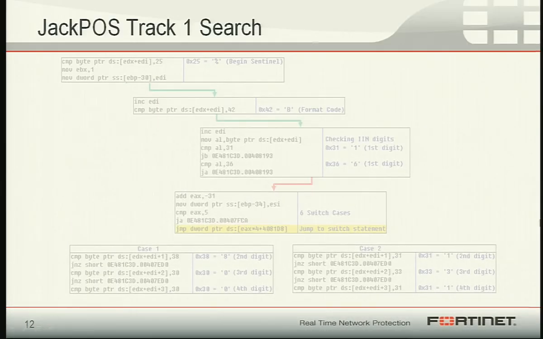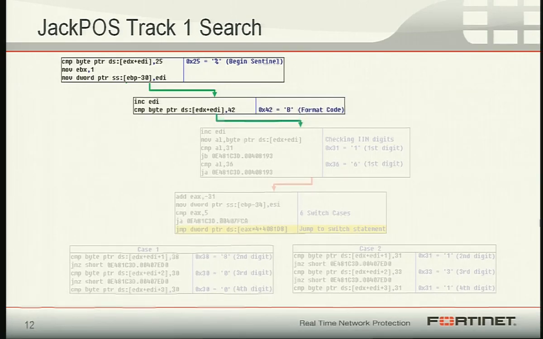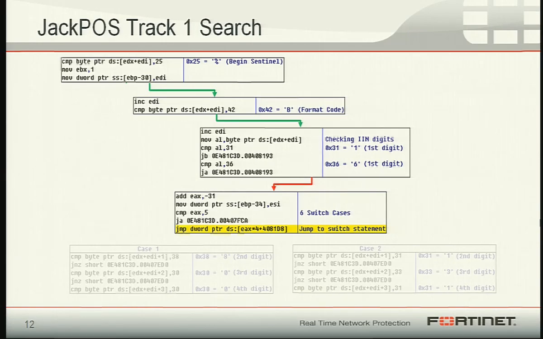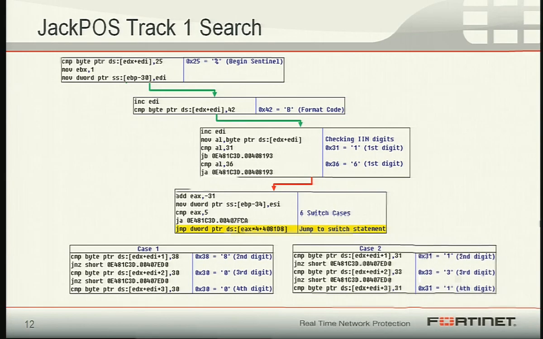I'm going to quickly take a look at JackPOS's track 1 searching algorithm. It begins with the begin sentinel, followed by checking the format code B, and then using the first digit of the primary account number as a case statement, where the first two cases are displayed on the screen.